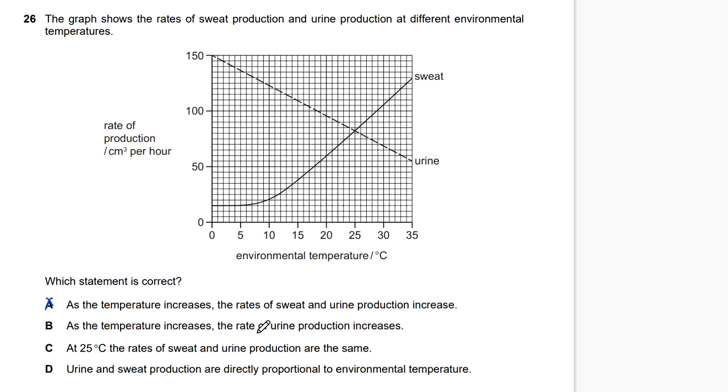As temperature increases, the rate of urine production increases, but it's not what the graph tells us. At 25 degrees centigrade, the rates of sweat and urine production are the same. We have here 25 degrees centigrade, and they meet at that exact point. And therefore, the correct answer is letter C. Urine and sweat production should be directly proportional to the environmental temperature, however, it's not the case for urine. So the correct answer is letter C.